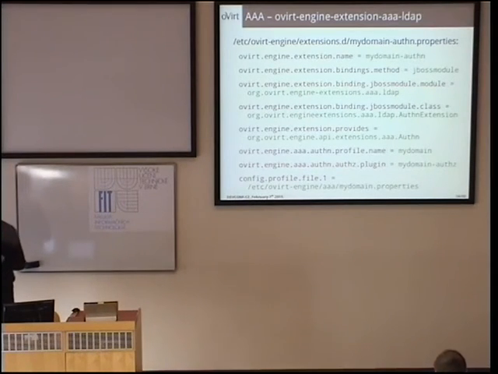As we said, we need to provide this text property file under etc over the engine extension D, and we need to provide some kind of extension name. As we said before, JBoss module, bindings methods, and so on. What is new here is that we need to provide something special to AA. It's a profile name.